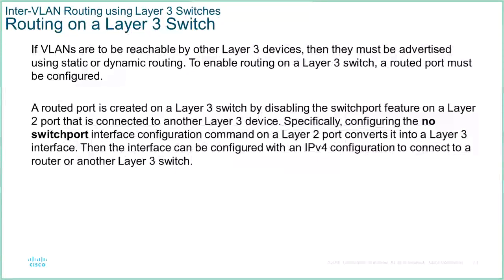And the command to change a layer 2 port to a layer 3 interface is no switchport. So that turns off layer 2 functionality and tells it to go to layer 3 functionality.